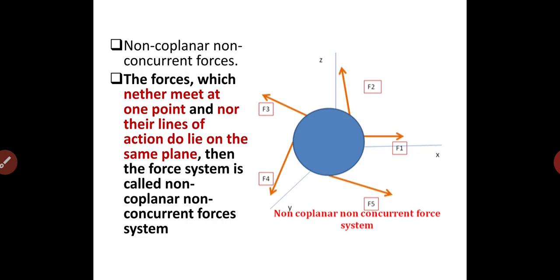Then non-coplanar non-concurrent forces. These forces neither meet at a point nor lie in the same plane. For example, the force F5 lies in the XY plane, forces F1 and F2 lie in the XZ plane, and forces F4 and F3 lie in the ZY plane.